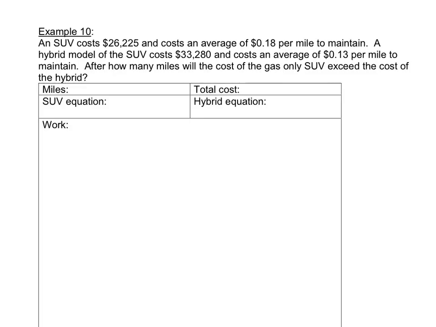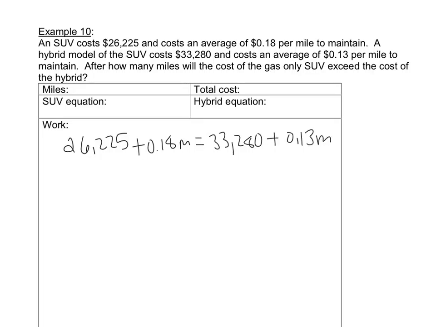Okay, so you have the SUV costing $26,225 plus 18 cents per mile, and we want to know when it's going to equal the $33,280 plus 13 cents per mile. Okay?